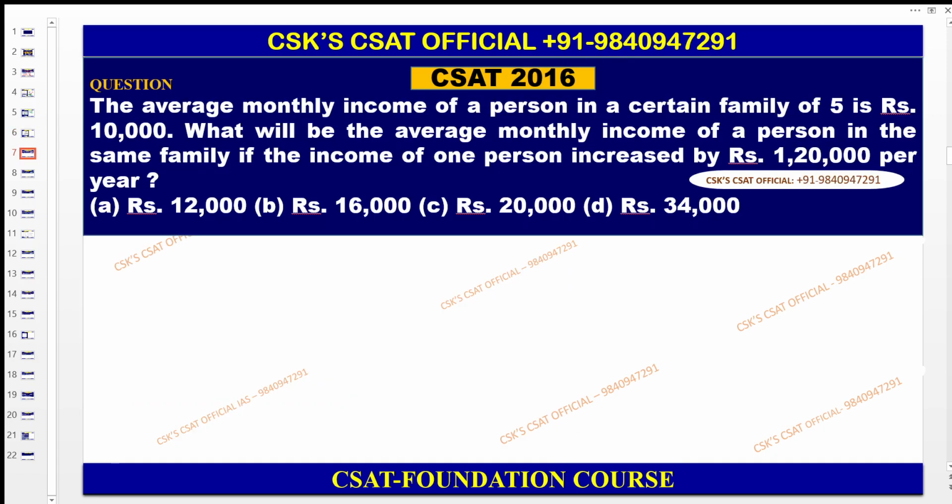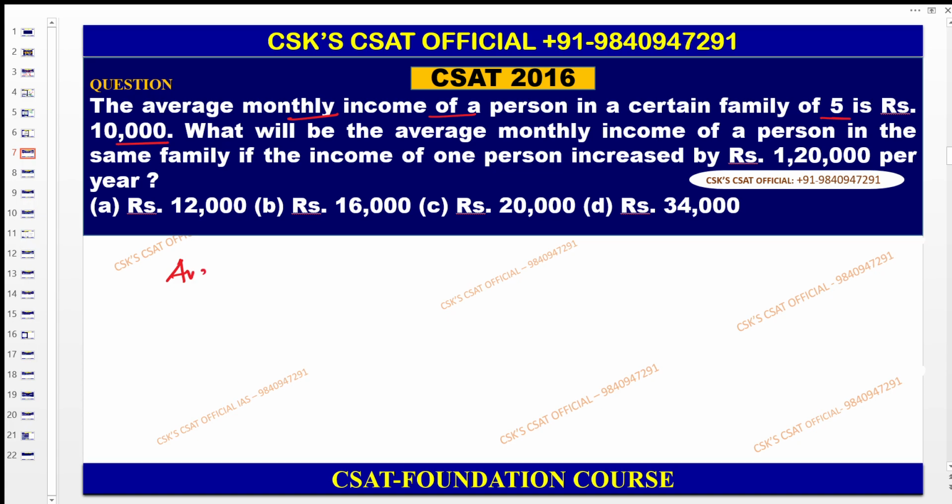Now, in 2016 onwards, they started using word problems. Okay, instead of data interpretation diagram-based average problems, until nowadays they come as word problems. Now here, the average monthly income of a person in a certain family of 5 is rupees 10,000.